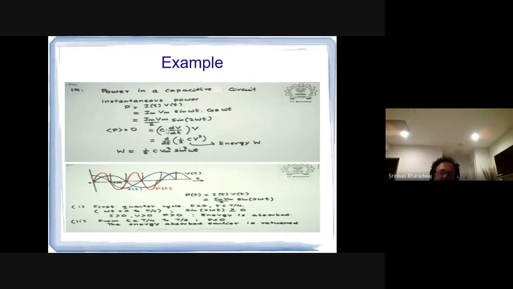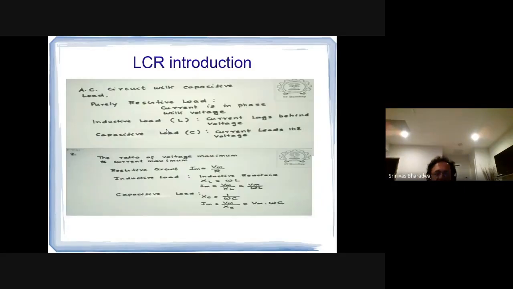That's what he's saying. So it is d by dt of half CV square. So the energy stored in a capacitor is half CV square, and then charging, discharging, charging, discharging. But the net power is 0 over a cycle.